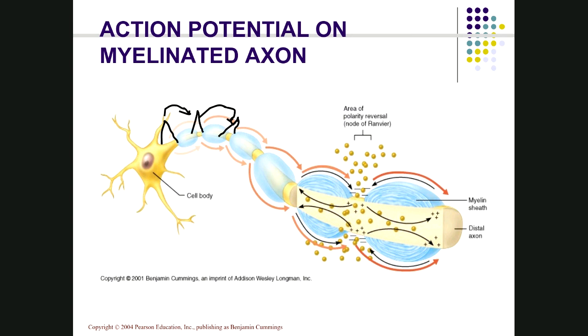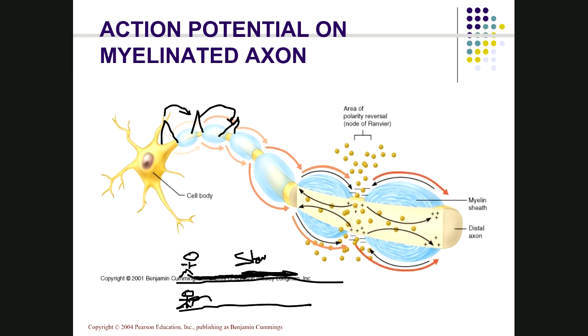So remember telling you about my guy walking across the floor. When we did continuous propagation, he had to put his foot so that their feet touched every bit of the floor. So it was one little step, next little step, next little step, next little step. And it's very, very slow. But if it's saltatory, the guy can take big steps.